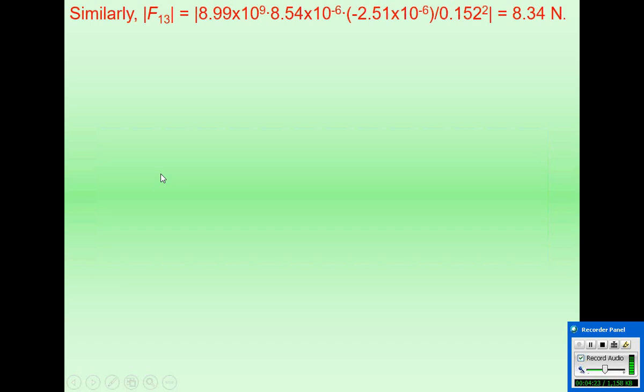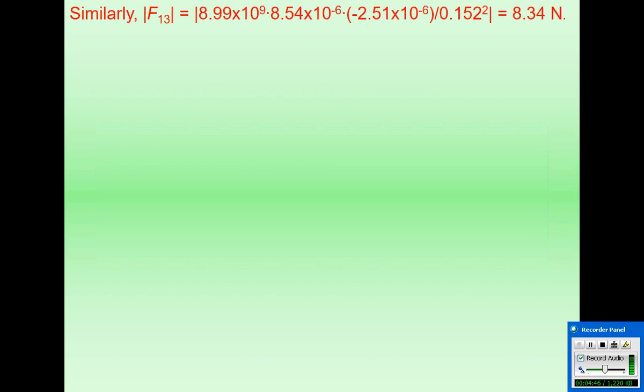We can also calculate the magnitude of the force that charge 3 exerts on charge 1. Again, it's k times q1 times q3 divided by s13 squared. And since we're looking for the magnitude, we'll take the absolute value. And I calculated that to be 8.34 newtons. Again, we have opposite charges.